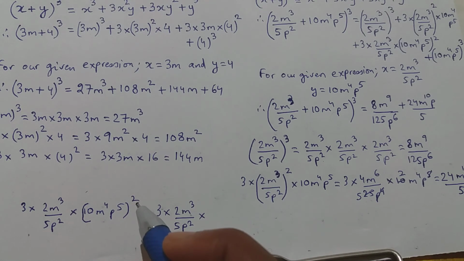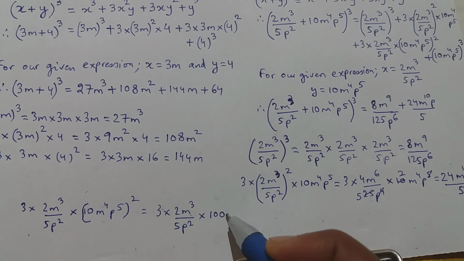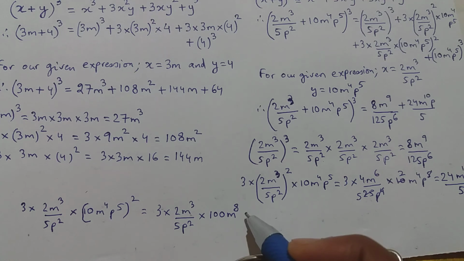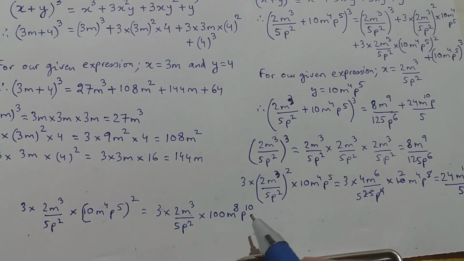This will become 100 m to the power 8 p to the power 10. So we have 3 into 2m cube upon 5p square into 100 m to the power 8 p to the power 10.